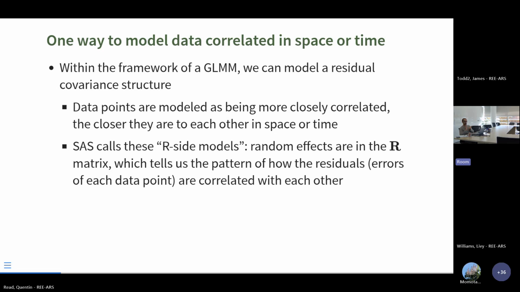Let's throw some numbers on that in our model and estimate a parameter for how correlated they are, and that'll give us a better answer overall, because we're accounting for this unwanted variation in space and time that we have to address before we look at what's really going on with our treatments or whatever thing we care about.